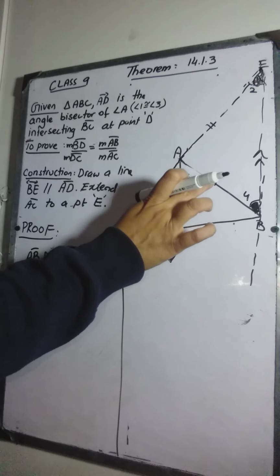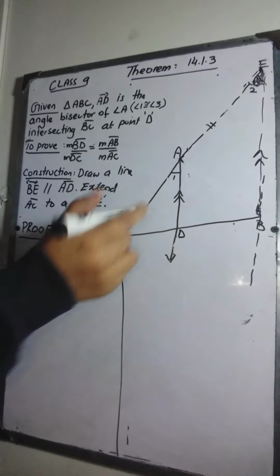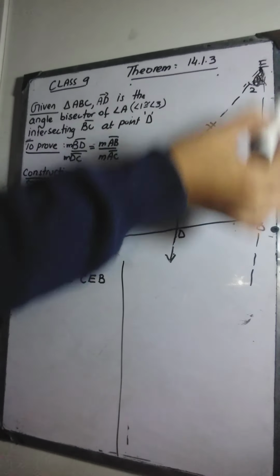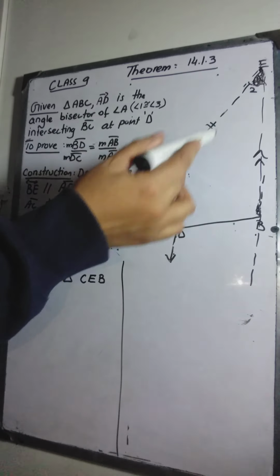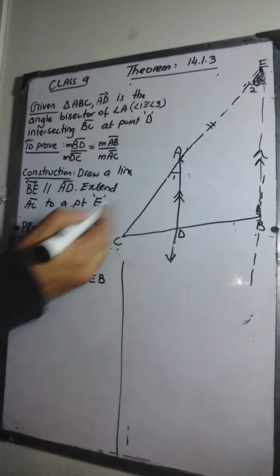let me erase this line so that you can see, I will draw it again, but here I want you to see the triangle CEB. Okay, you have a triangle CBE in which AD is parallel to its side EB.